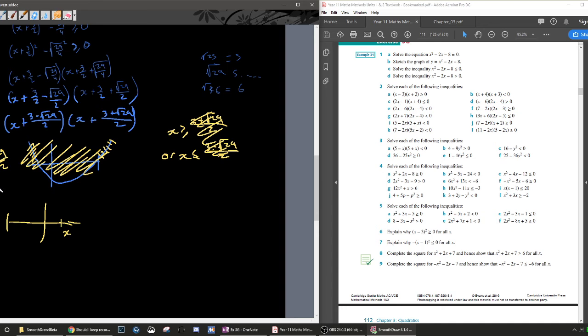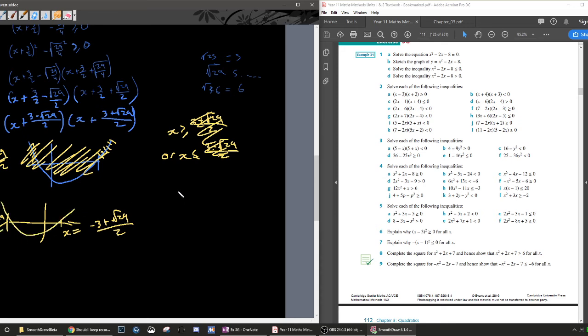So how can I write this as a positive? I'll just leave it. Oh, it's negative 3 plus, yeah. Oh my god. That's going to be x is equal to negative 3 plus root 29, which gives you positive, and this is the x negative 3 minus. Like that.